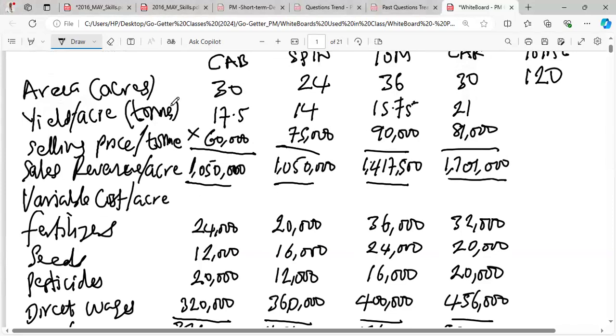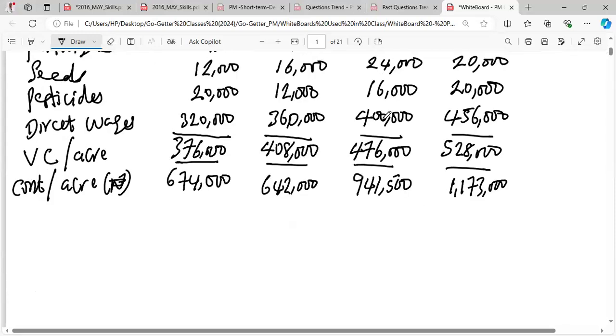Then I'll bring these acres that I have here before. This 30, 24, 36, 30, which gave me 120 now. I'll bring them down again, but I can decide not to bring them. I will just multiply. I will just say acres.